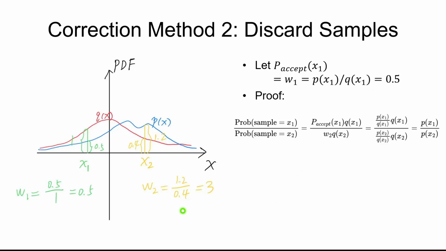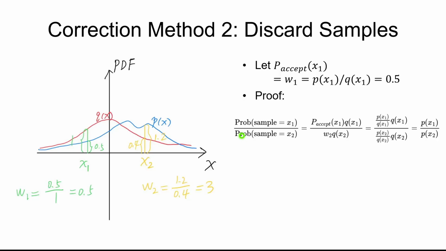For x2, the weight is 3, which is greater than 1, so we don't use this method because we can't define the probability of accepting the sample as 300%. So in this case, we keep x2 with the weighted probability as we did before, but for x1 we keep x1 with probability 0.5.